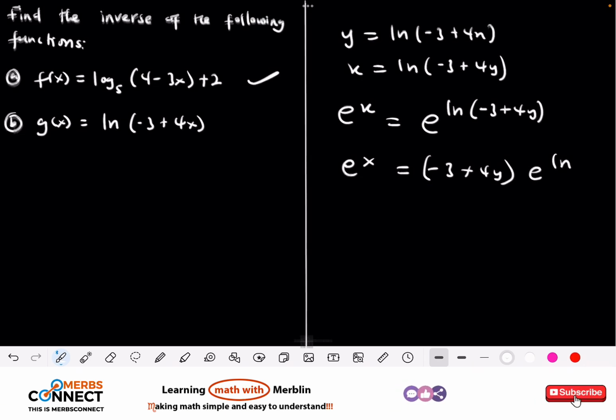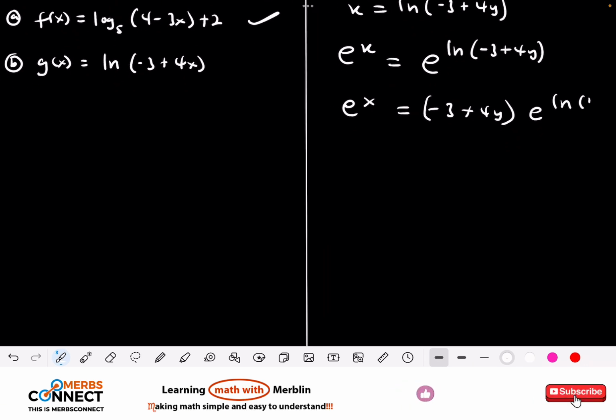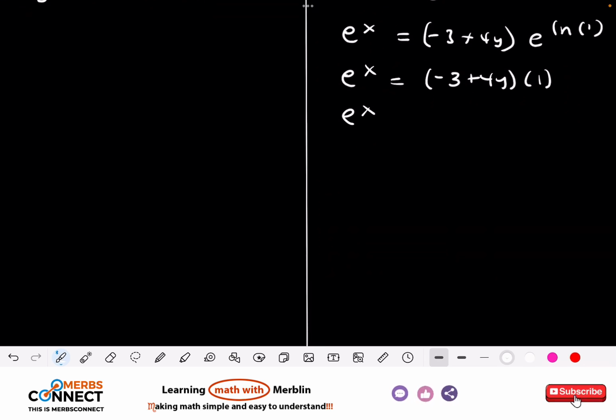So e to the power x is equal to negative 3 plus 4y, then e to the power ln, so there is 1 there, so you can decide not to bring it. So this is going to be negative 3 plus 4y times 1. So e to the power x gives us negative 3 plus 4y.